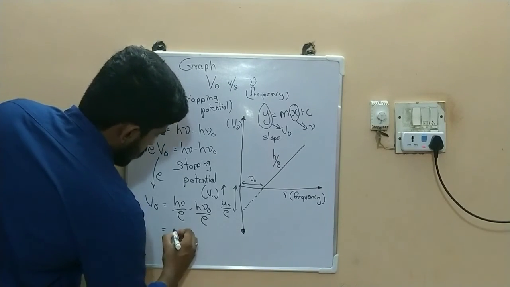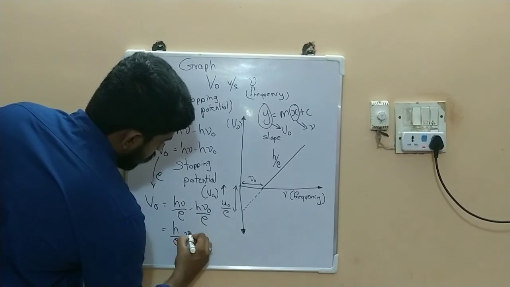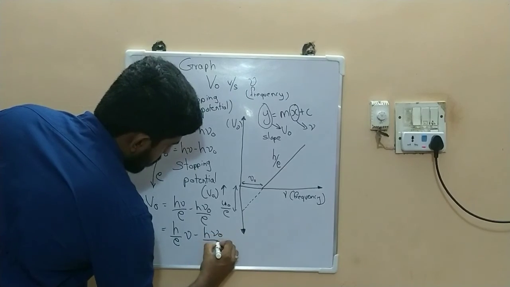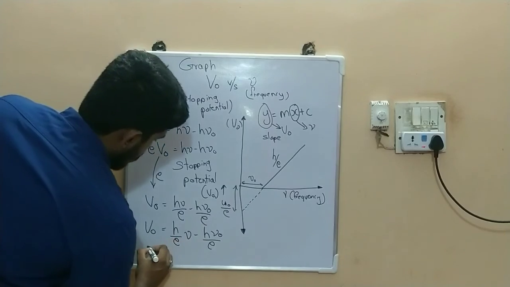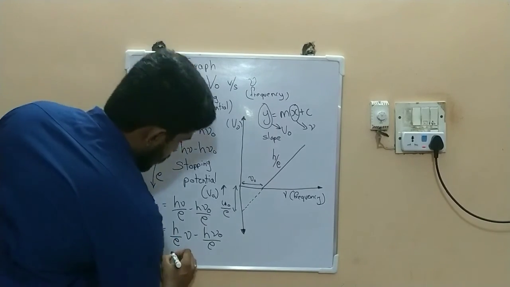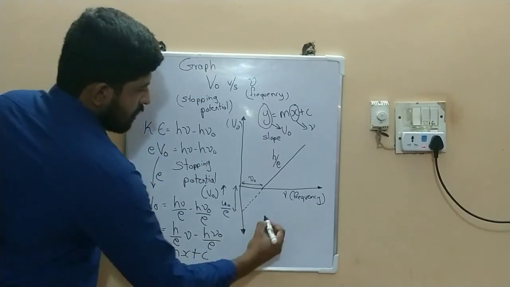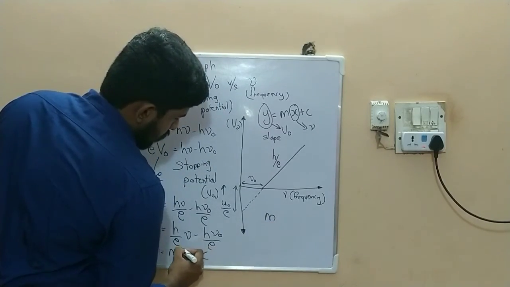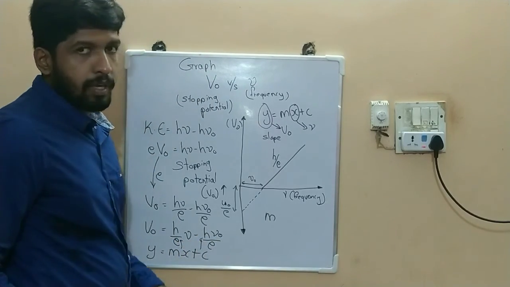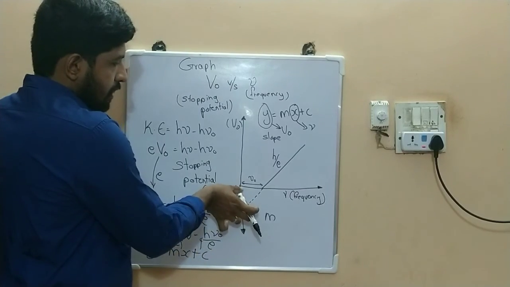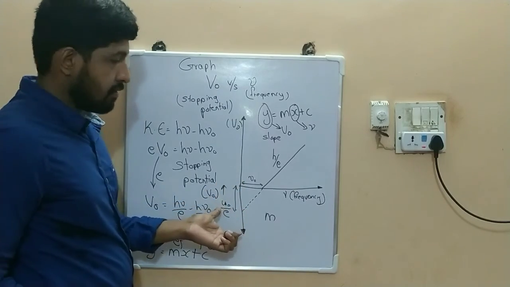So the resulting equation is V0 equal to h divided by e into nu minus h nu 0 divided by e. When we compare this with the equation y equals mx plus c, we get the slope m equal to h by e and c equal to minus h nu 0 by e, which is plotted in the negative y-axis.